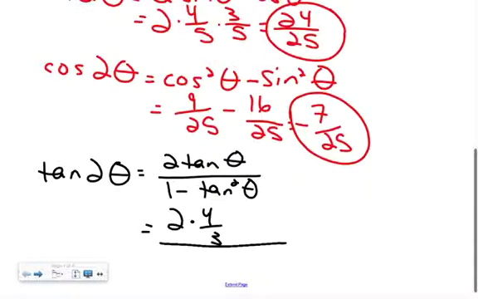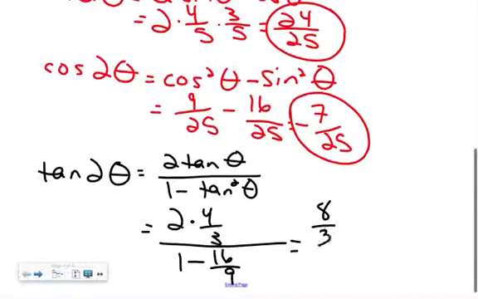So we have 2 times 4/3 over 1 minus that 4/3 squared. So that's 16 over 9. I've got a common denominator I need to get in the denominator, and I've got a fraction in my numerator. Let's take this step by step.